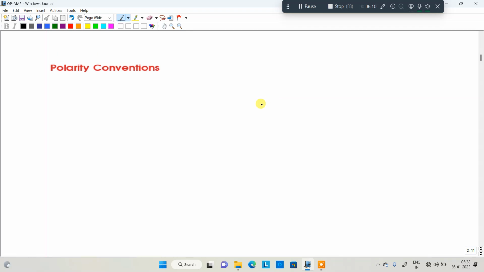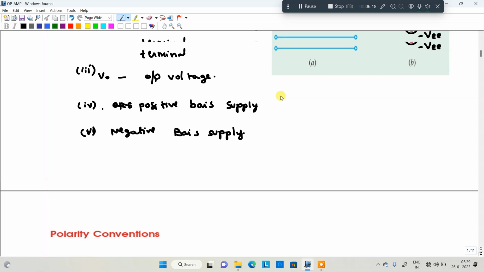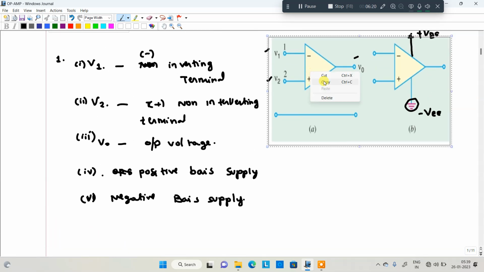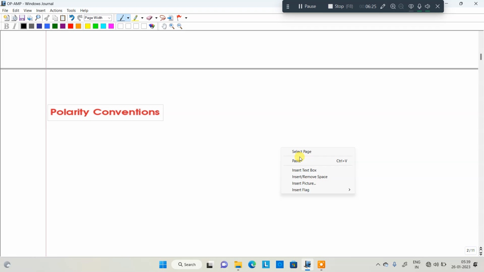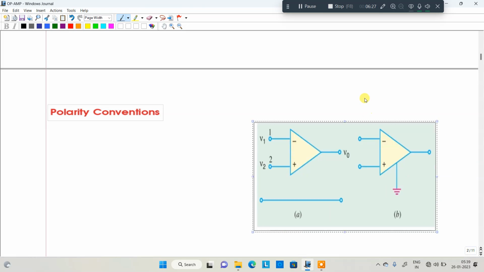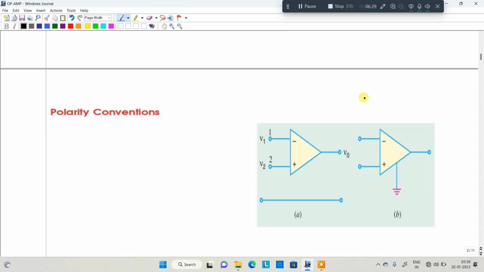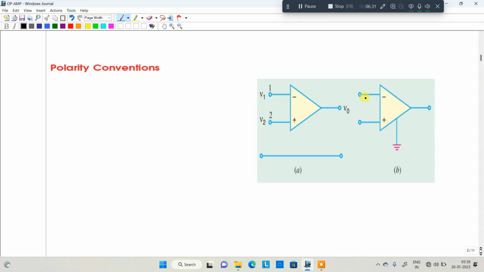Polarity conventions. Just now we saw the op amp and its terminals, so let us discuss the polarity conventions with the help of that. How will the polarities be for this op amp?